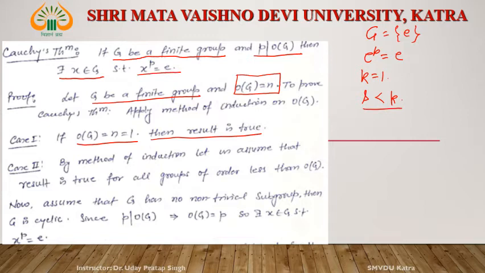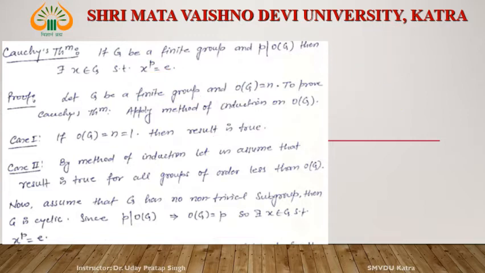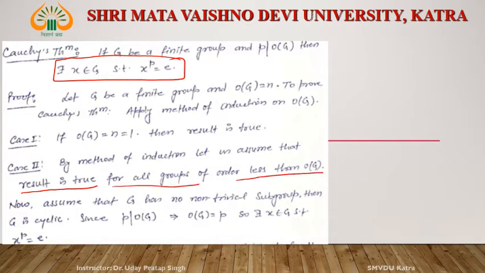By the method of induction, assume that the result is true for all those groups whose order is less than the order of G. Suppose any group H such that the order of H is less than the order of G, then there exists a in H such that a to the power P is identity.